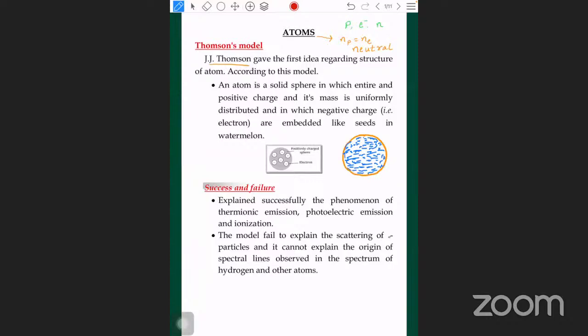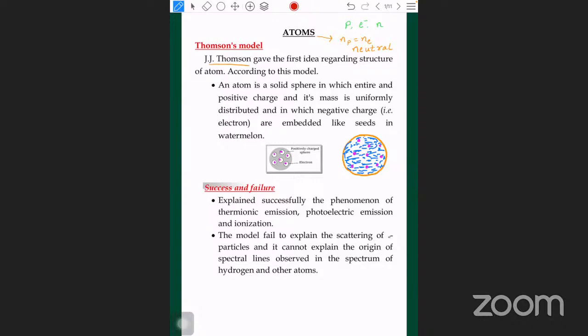And here and there the electrons are embedded like seeds in a watermelon. This is called the negative charge, and the shaded part is the entire mass distributed uniformly.